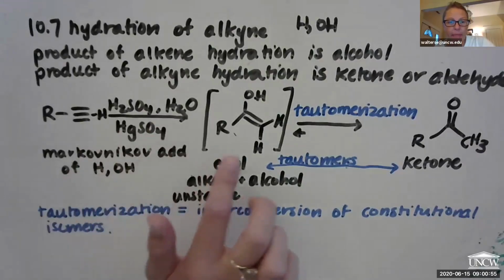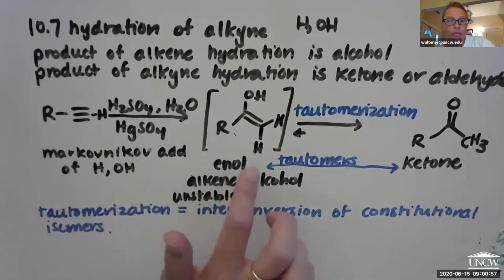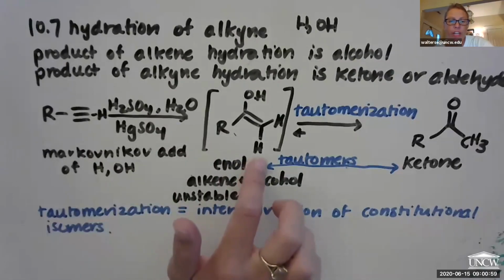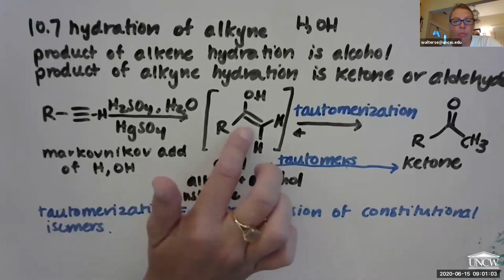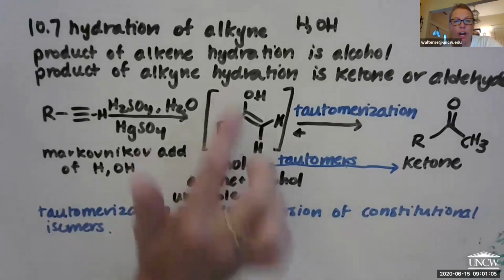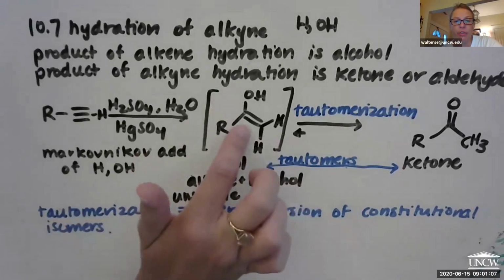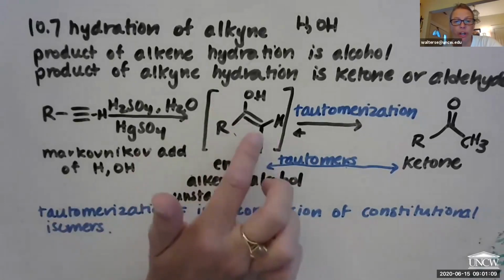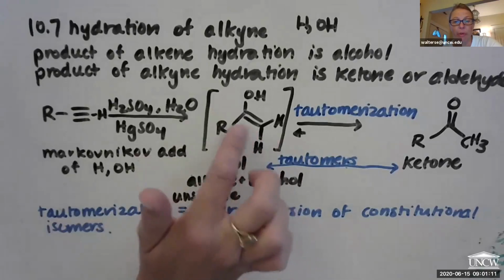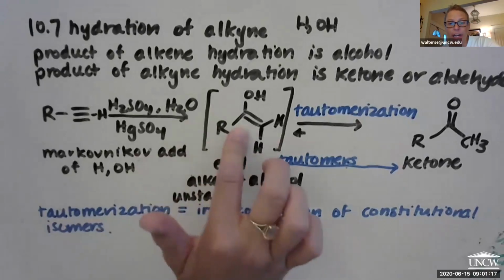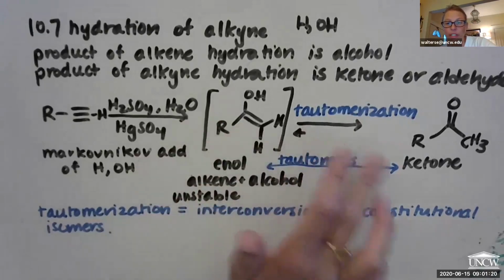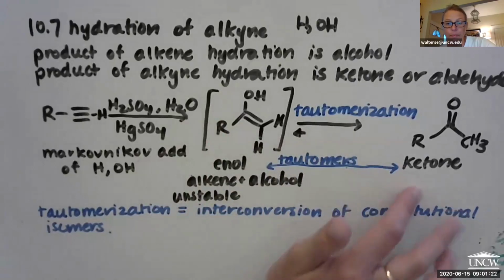And I think it's important to recognize that you do make an enol, which has the alkene as well as the hydroxide and the hydrogen added to the more highly substituted carbon and the less highly substituted carbon, because this shows the Markovnikov addition. But the enol isn't stable and it undergoes a process called tautomerization to make a ketone.